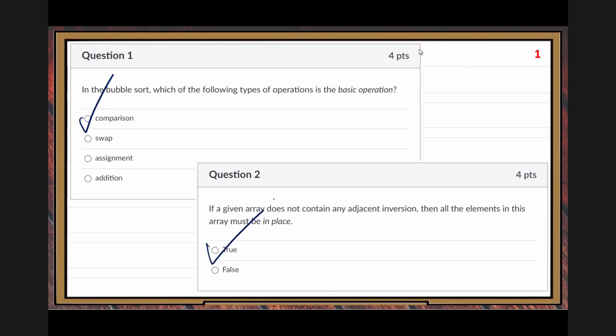The transitivity problem. Remember, the transitivity problem can make the equivalence statement. If you use an adjacent inversion or a global inversion, these two statements are equivalent. Why? Because of the transitivity problem.